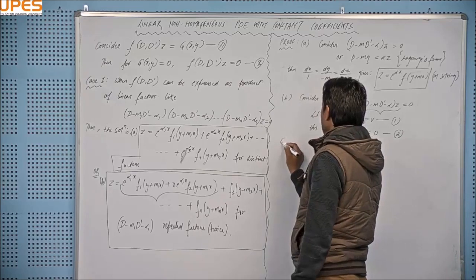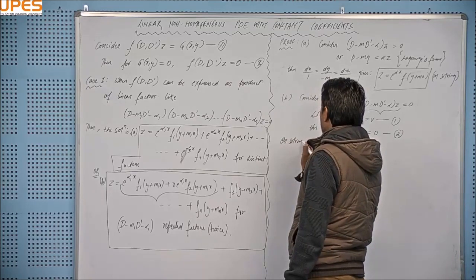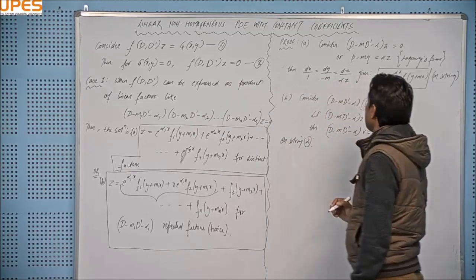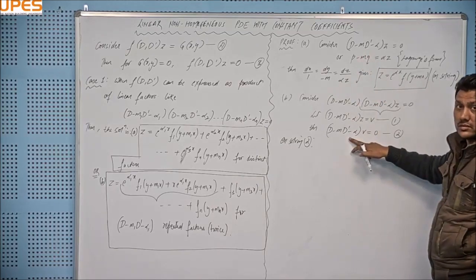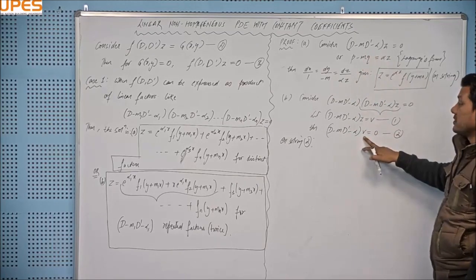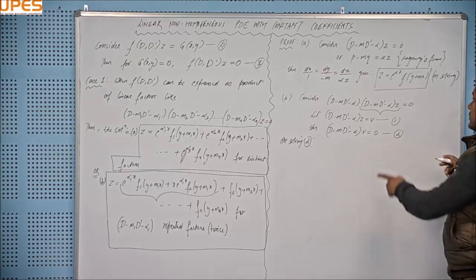On solving equation number 2, this is quite similar to the earlier one, except the fact that z is replaced by the variable v. So I can write the solution from here directly.